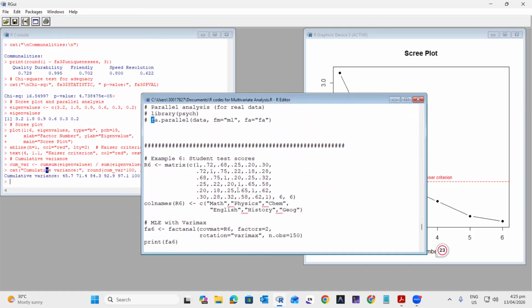Example 6. In example 6, we have data of student test scores with two factors.